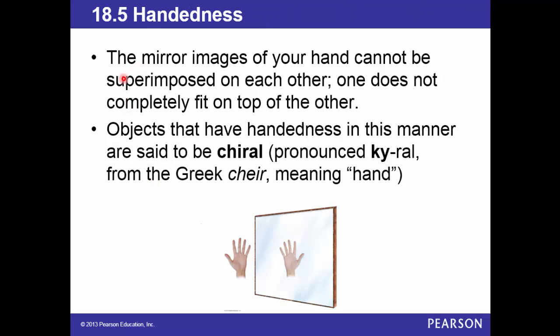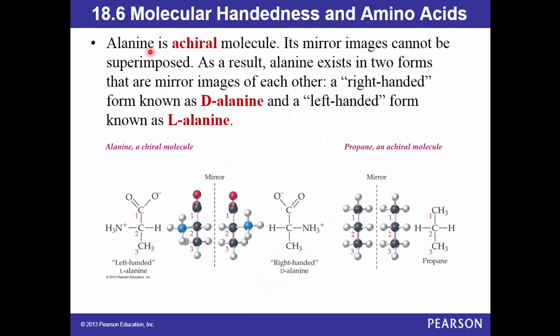Now, handedness. The mirror images of your hands cannot be superimposed on each other, as you can see here. One does not completely fit on top of the other. Objects that have handedness in this manner are said to be chiral, meaning hand. Now, the amino acid alanine is a chiral molecule.